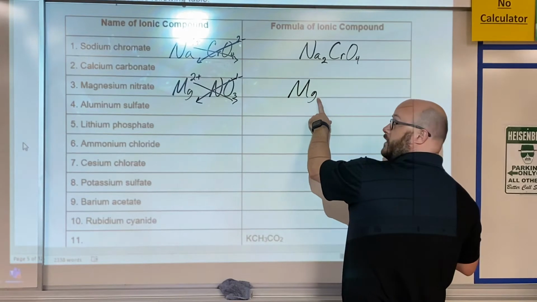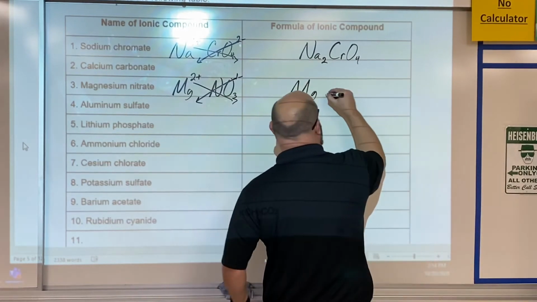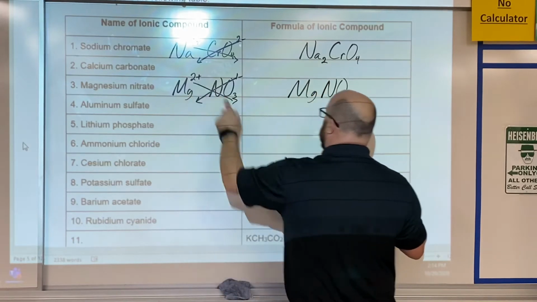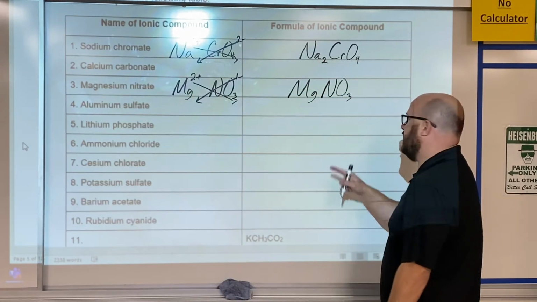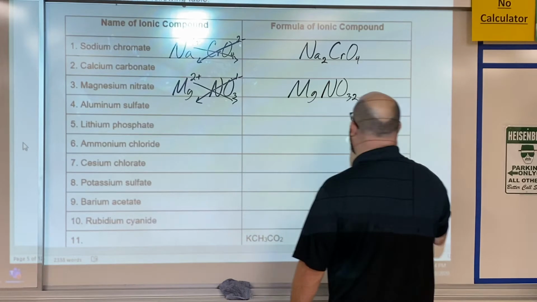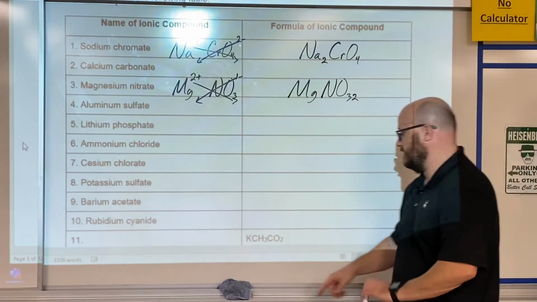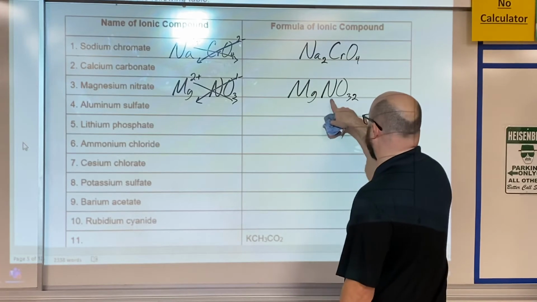Don't have to write the 1. NO3, 2. Now, we can't write NO3, 32. That's not correct. But we also can't write a 2 here and a 2 there.